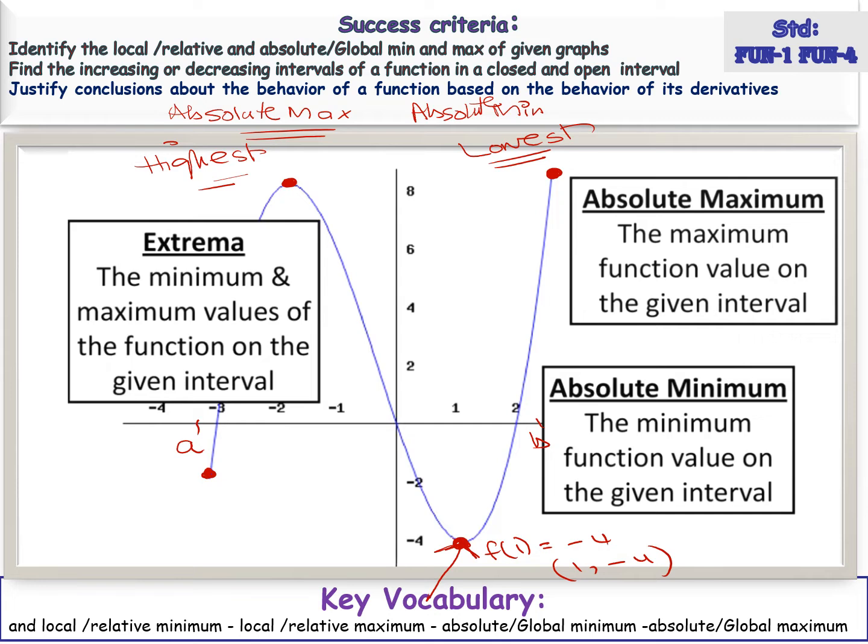Now compare and tell which one is the highest point. Of course you can say that this point is the highest point of the graph, so that's why it is said to be the absolute maximum. So no matter wherever you find the highest or the lowest points in the graph, they are said to be absolute maximum and absolute minimum. But make sure that you are referring to a closed interval.